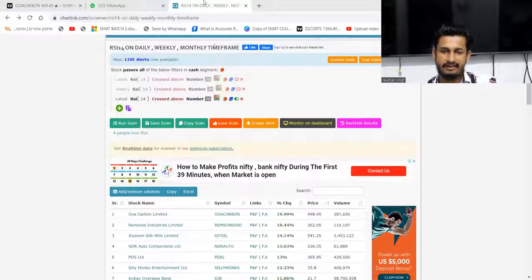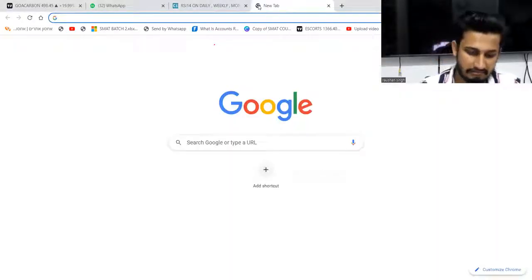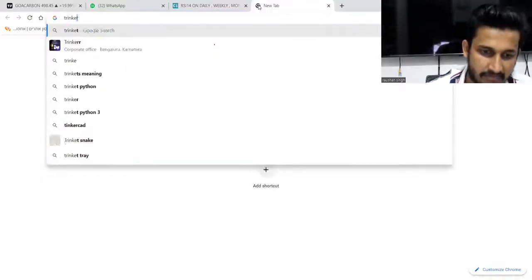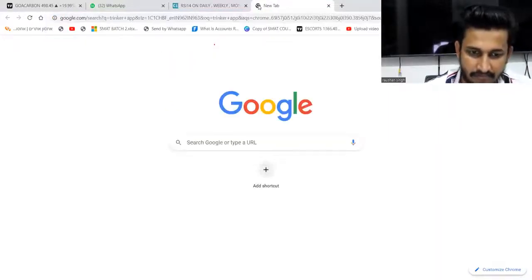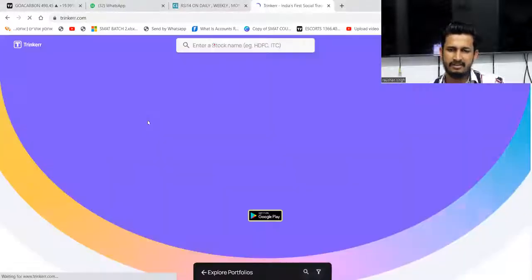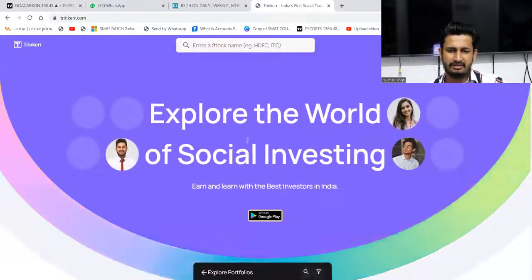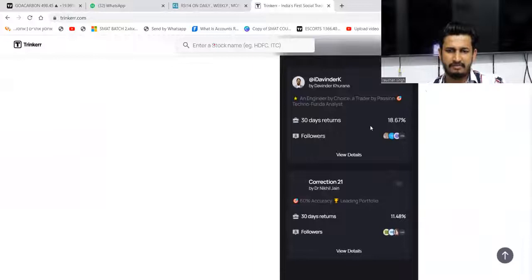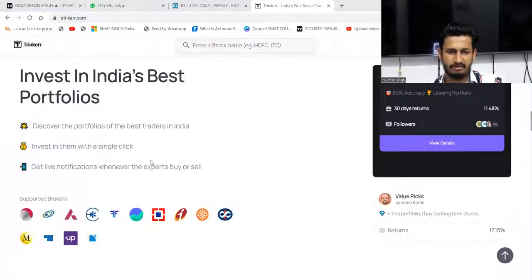Have you tried Trinker? Follow the portfolio of India's best investors in real time, replicate. I don't really think that people will be showing off their portfolios here.